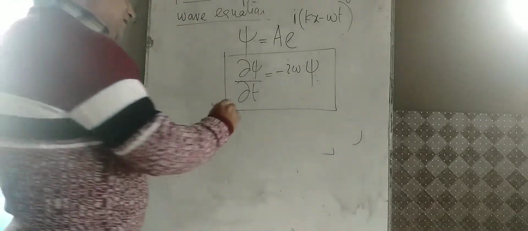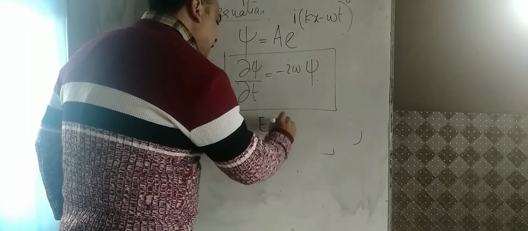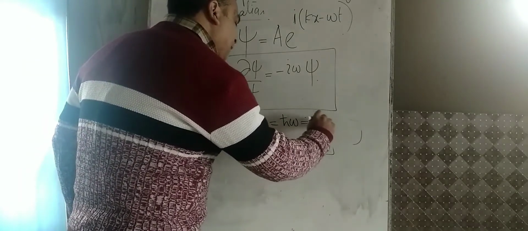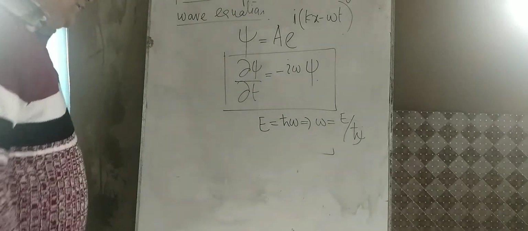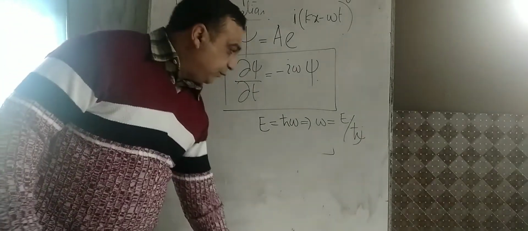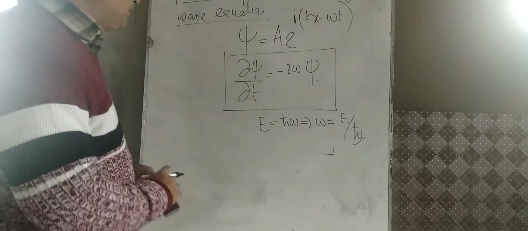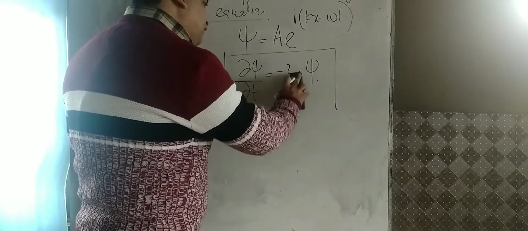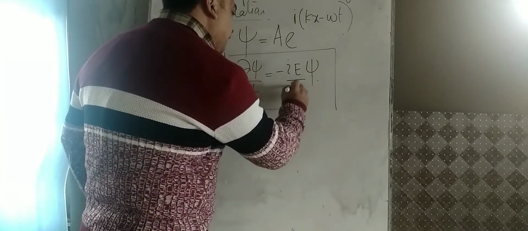We have seen that E is h bar omega, which implies omega can be written as E by h bar. So we can substitute the value of omega in this equation, and instead of omega we write E by h bar.